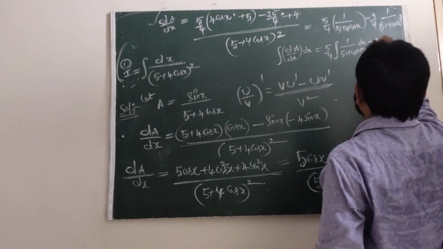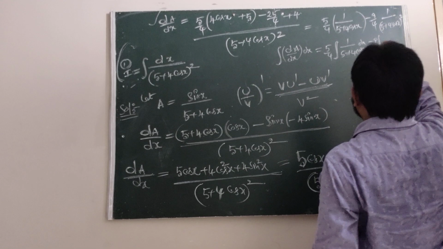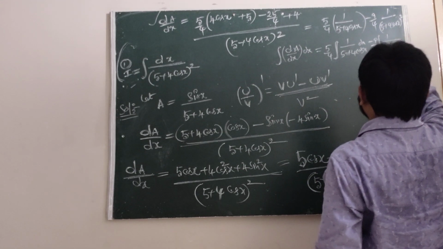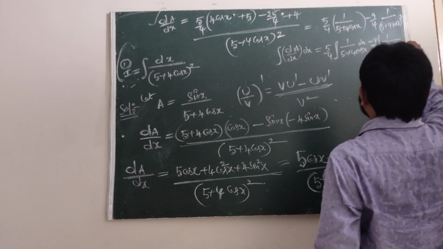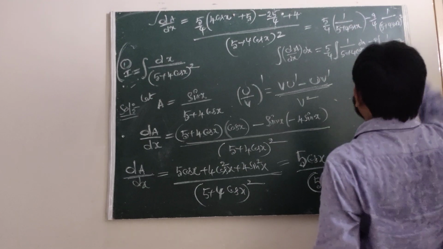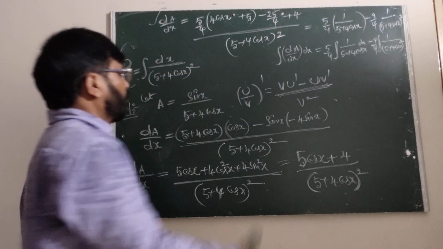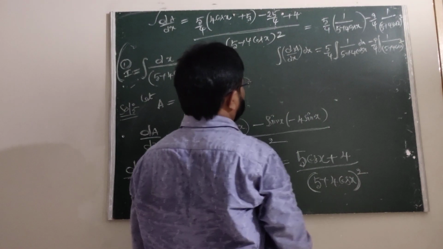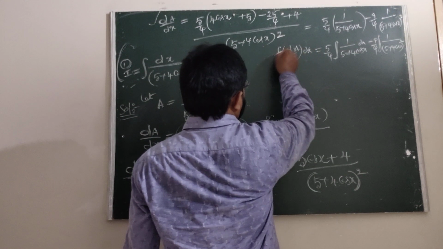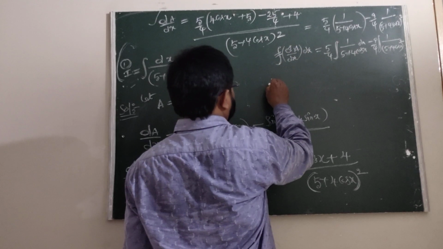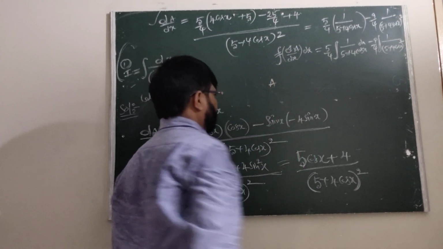Now this is minus of 9 by 4 integral 1 upon (5 plus 4 cos x) whole square. Here the dx are cancelled, the derivative is cancelled, and the remaining is A.